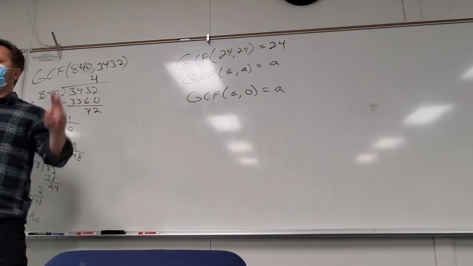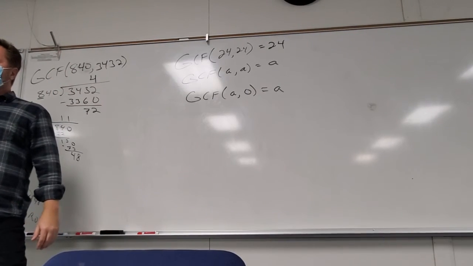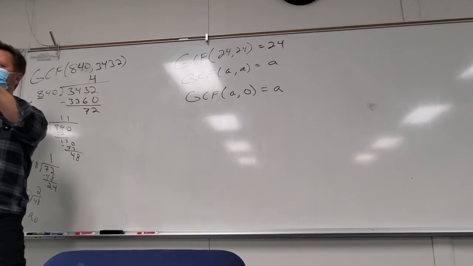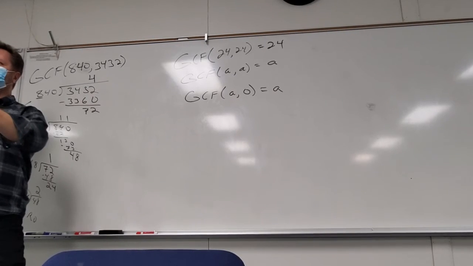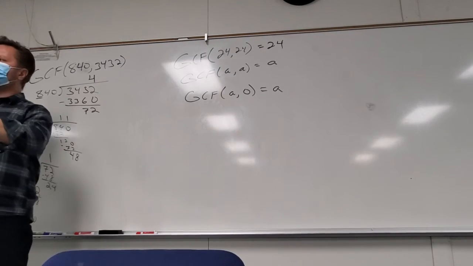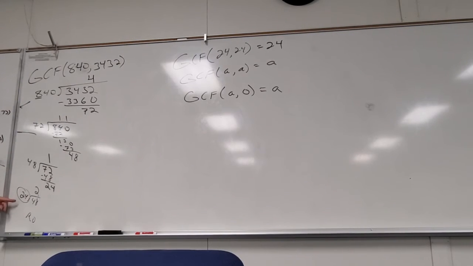So therefore A is a factor of 0 in a sense. So 0 is that weird number that has every number as a factor. We got a remainder of 0 here, which is kind of like going one step too far. So that's why the answer was 24, because 24 goes into both 24 and 48.